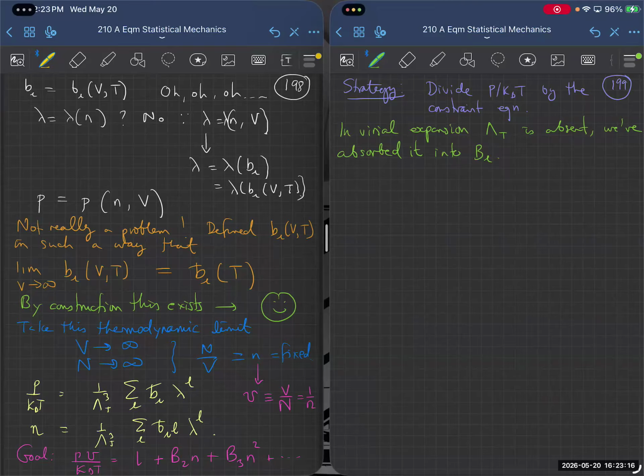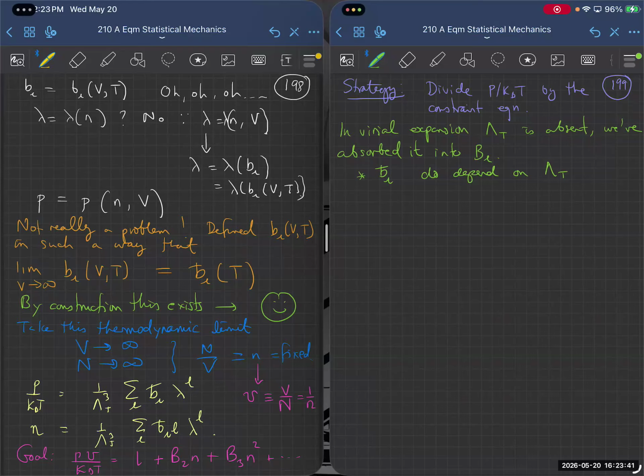The point is that the cluster integrals, these b's, do depend on the thermal de Broglie wavelength, and you can figure out from the definition by how much, in the same way that we've done before, where you take an integral and rescale it, and you see how many powers come in front.